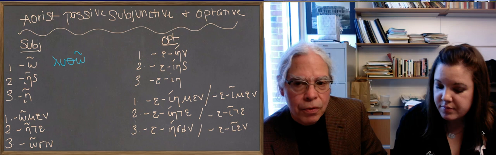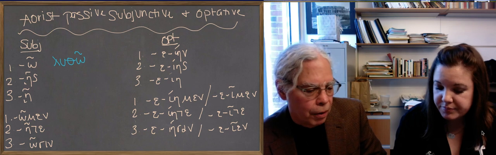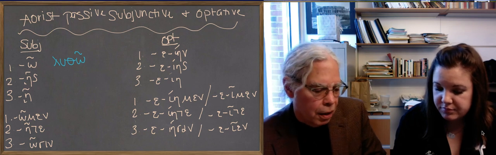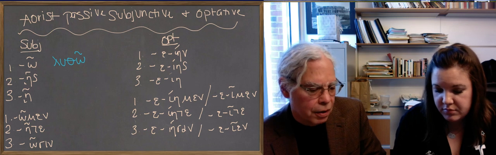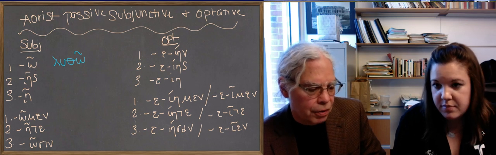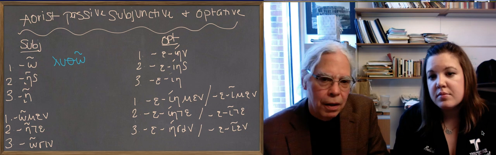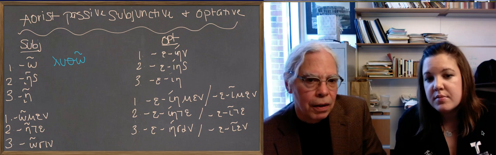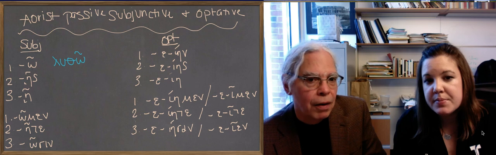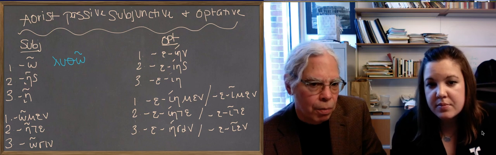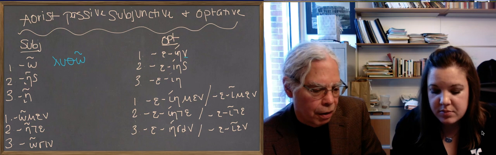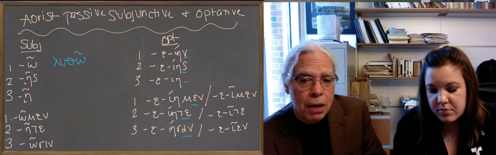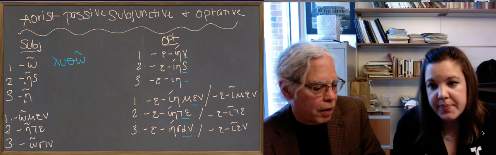That is, it has two forms, one in which the sign of the optative is the iota eta before the personal endings. And notice these personal endings that we're looking at. We've got in the singular nu, sigma, nothing before the iota eta, and in the plural, men, te, and san in the iota eta form of the optative. In other words, those are the same endings as the aorist passive indicative.